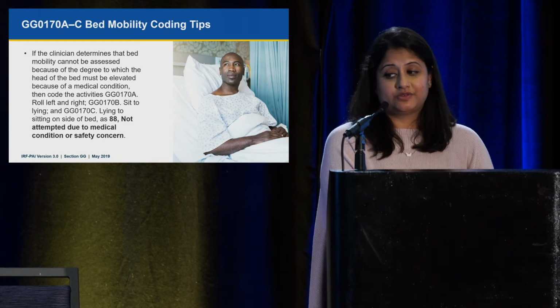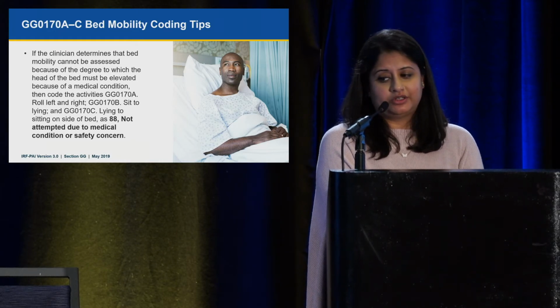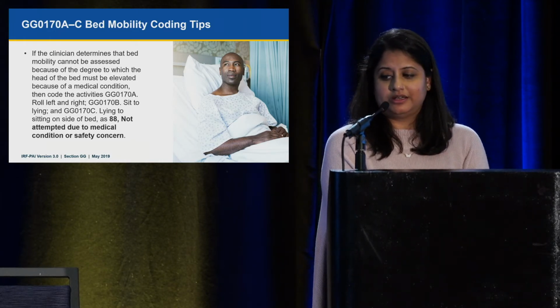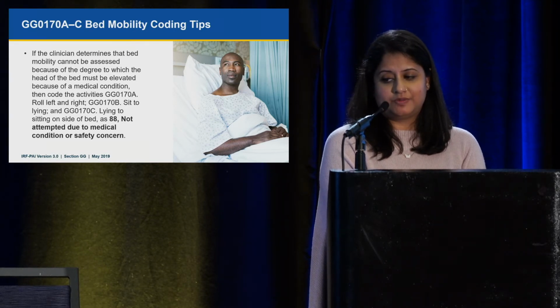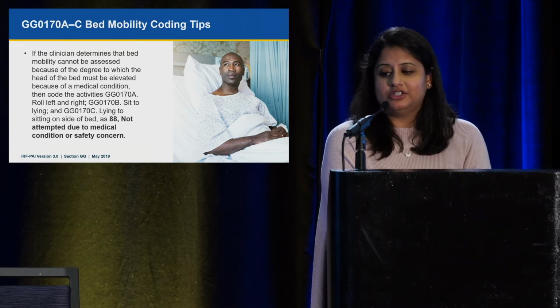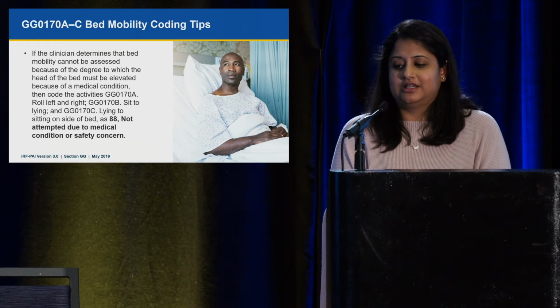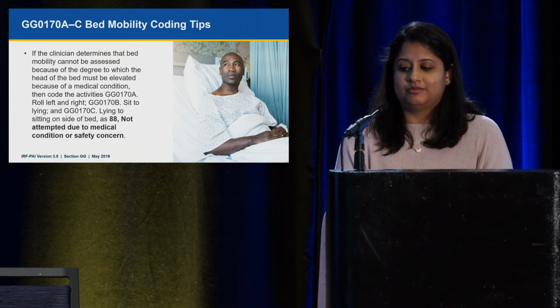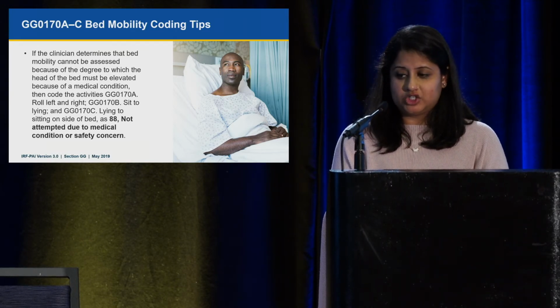Just some coding tips for bed mobility items. If the clinician determines that bed mobility cannot be assessed because of the degree to which the head of the bed must be elevated because of a medical condition, then code activities GG0170A, roll left and right, GG0170B, sit to lying, and GG0170C, lying to sitting on side of the bed as 88, not attempted due to medical condition or safety concern.